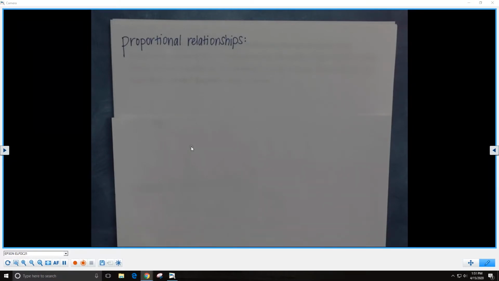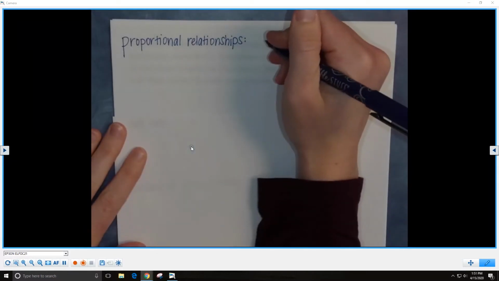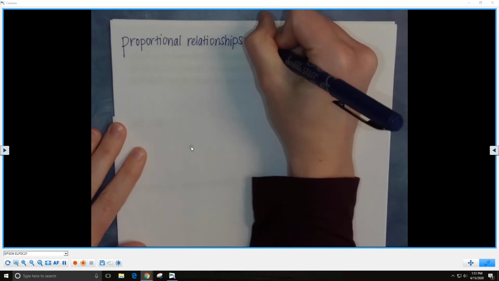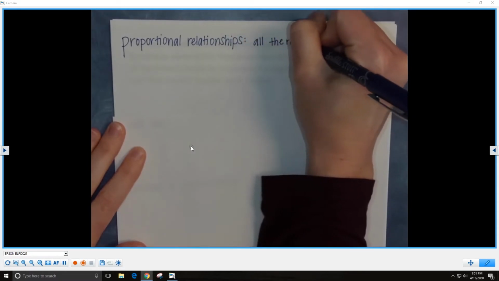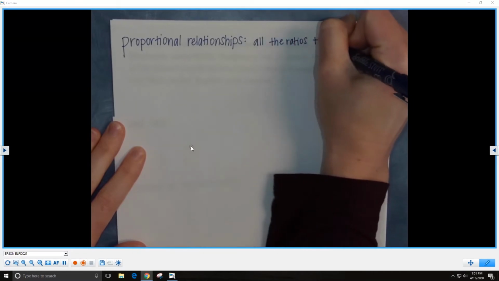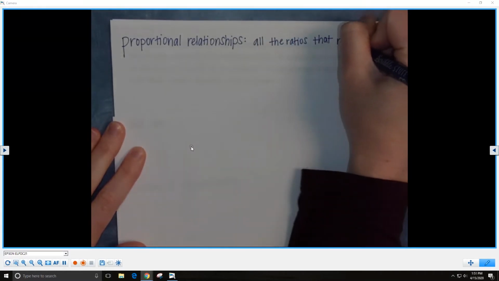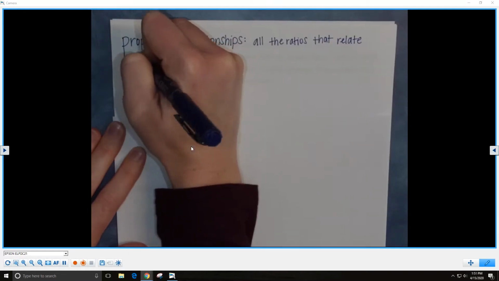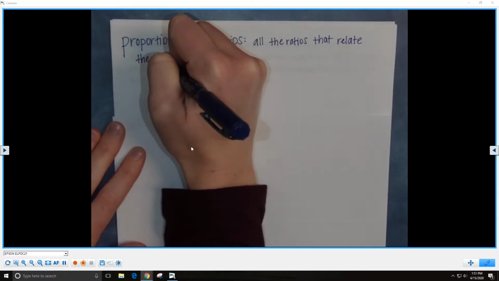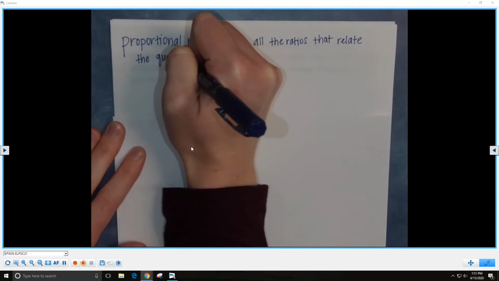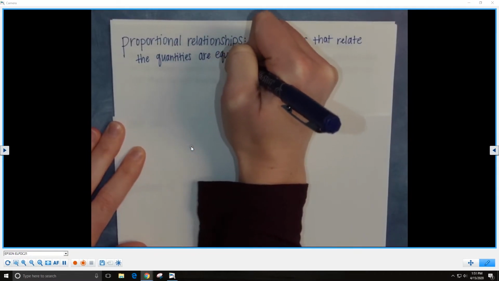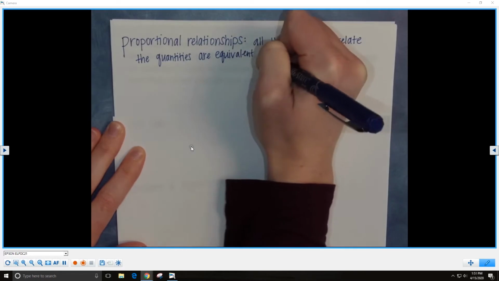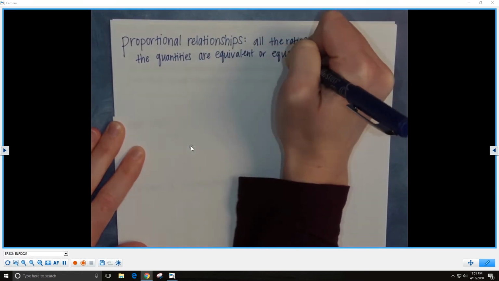Well, let's talk about it. Two quantities are in a proportional relationship if all the ratios that relate the quantities are equivalent or equal.